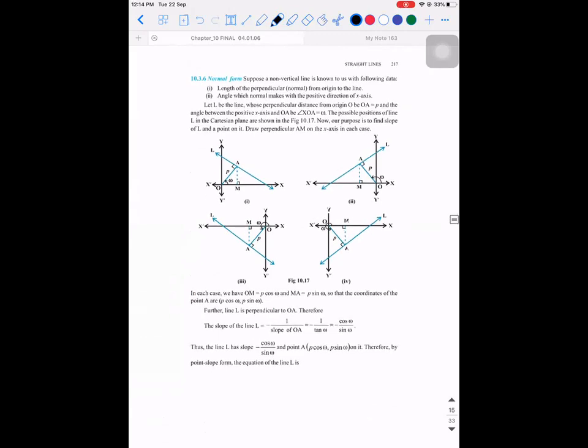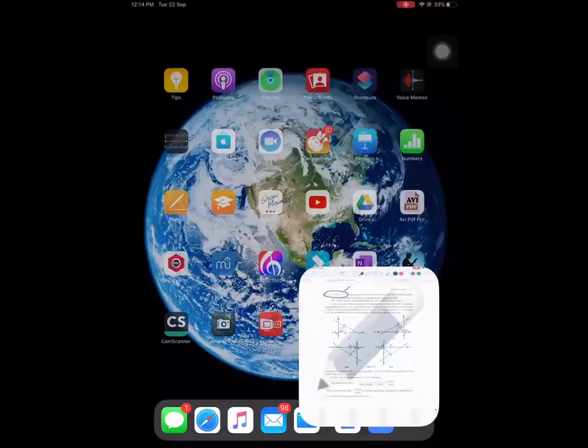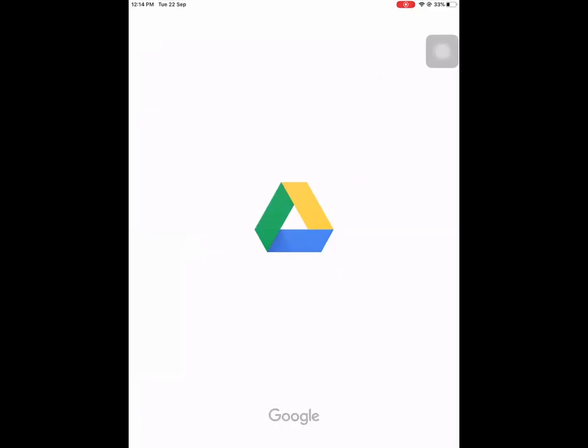This normal form I'll explain tomorrow. Normal form is the last form. We will do some problems based on the concepts we discussed.